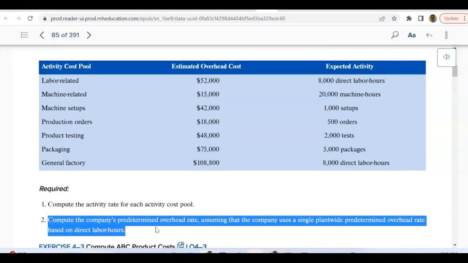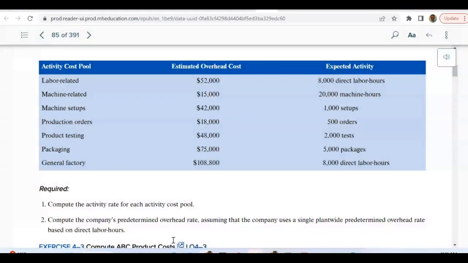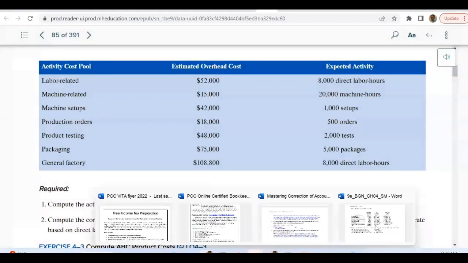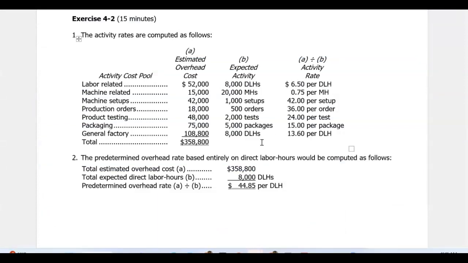So let's just compare both of them and you will see. Here I have the calculation for you. The labor cost is estimated to be $52,000 of labor-related cost, and expected activity for direct labor is 8,000 hours.